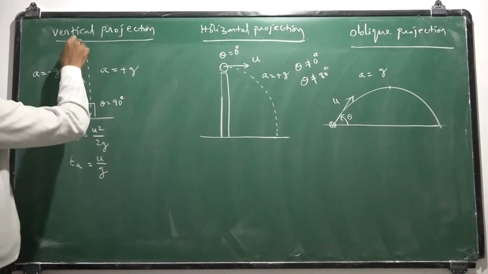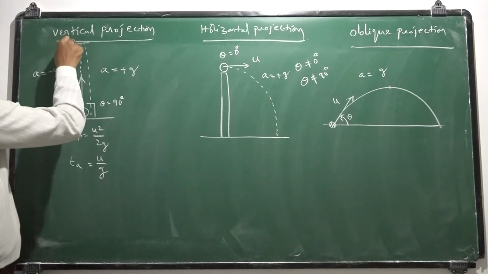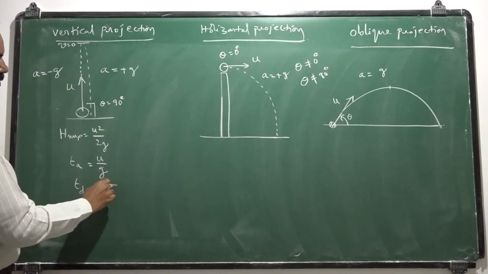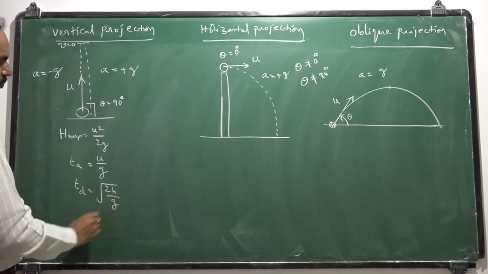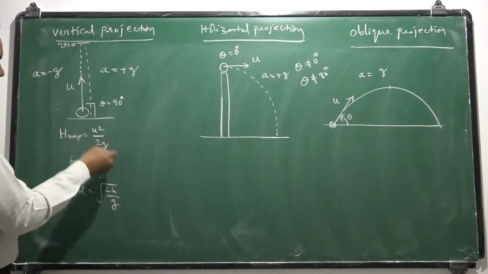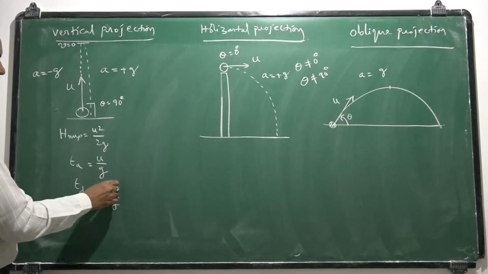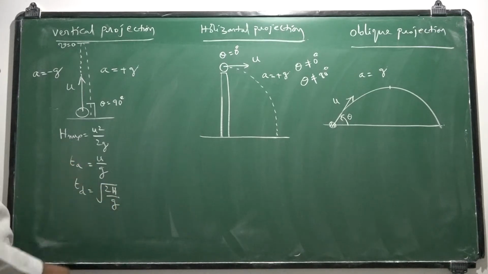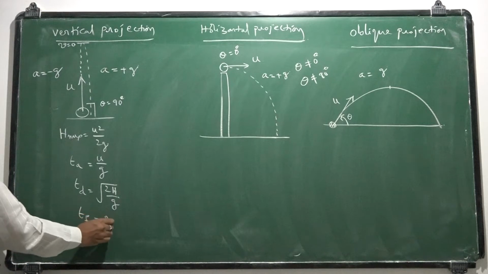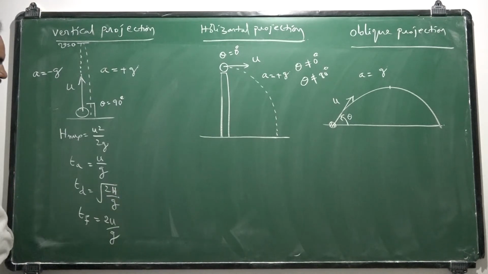During its return journey, at the highest point, its velocity becomes 0. So time of descent is root 2h by g. Again you can prove that root 2h by g is u by g, because by substituting this h maximum value here, you will get the same result. So time of flight is 2u by g.